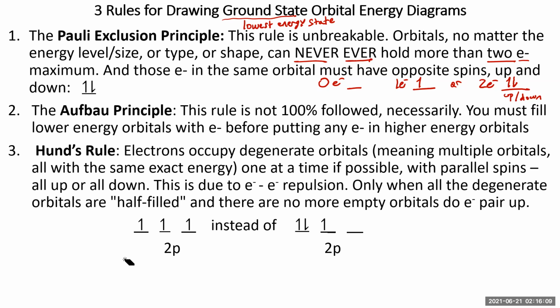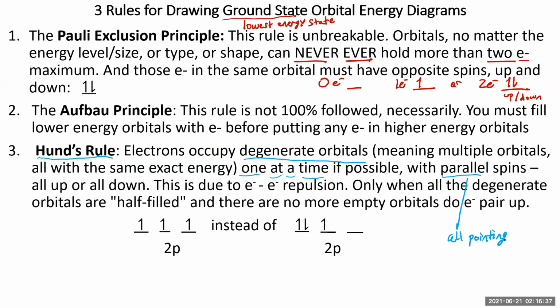Hund's rule. Hund's rule, this is a person's name, Hund. Electrons occupy degenerate orbitals. Remember, degenerate means same energy level. Multiple orbitals, all with the same exact energy, one at a time, if possible, with parallel spins, as opposed to anti-parallel. Parallel spins meaning all pointing in the same direction.